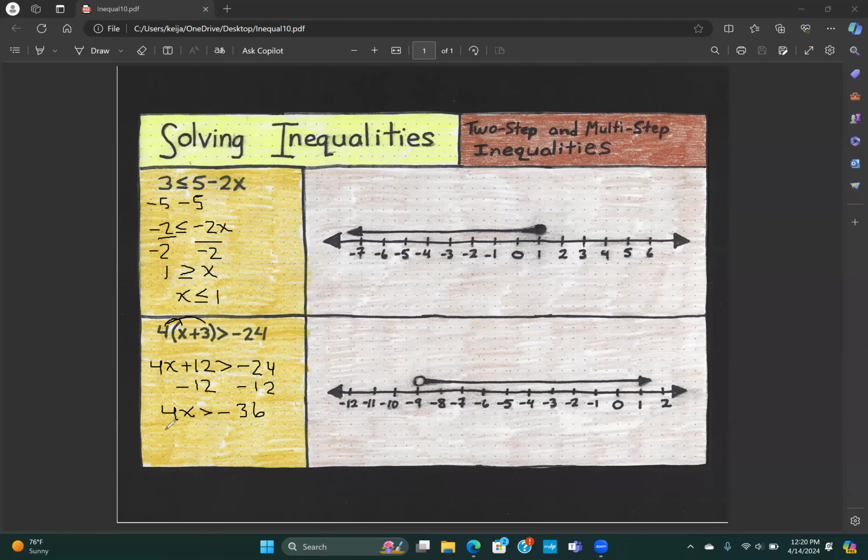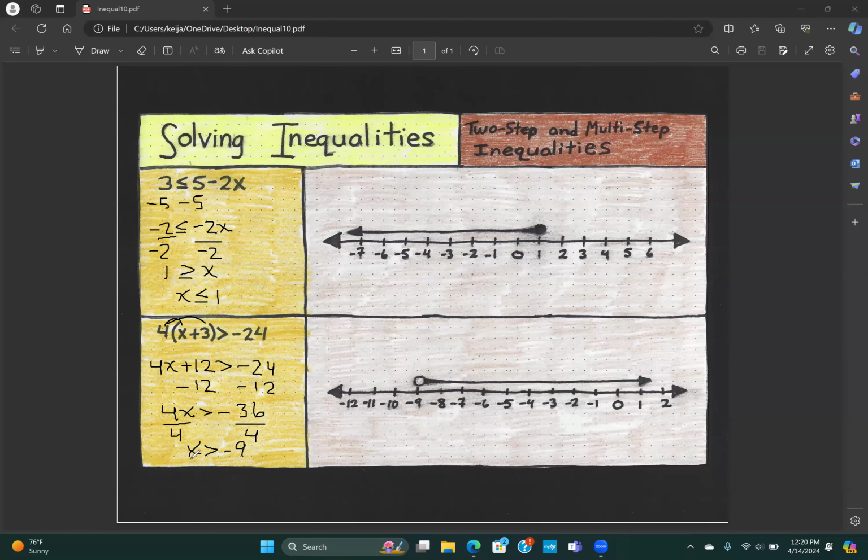And now we can divide both sides by 4. And notice that we're not dividing by a negative number, we're dividing by a positive number. And when we do that, the inequality sign stays in the same direction. And so now 4 divided by 4, which just gives us x, and that will leave us x here. And a negative 36 divided by 4 would give us a negative 9.